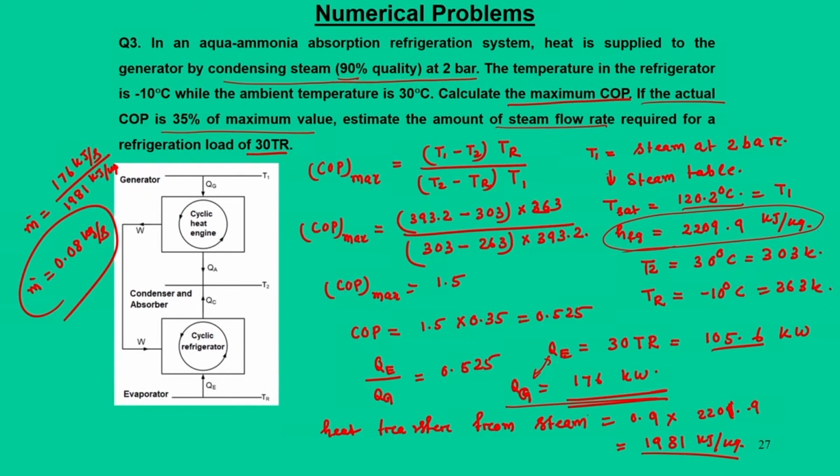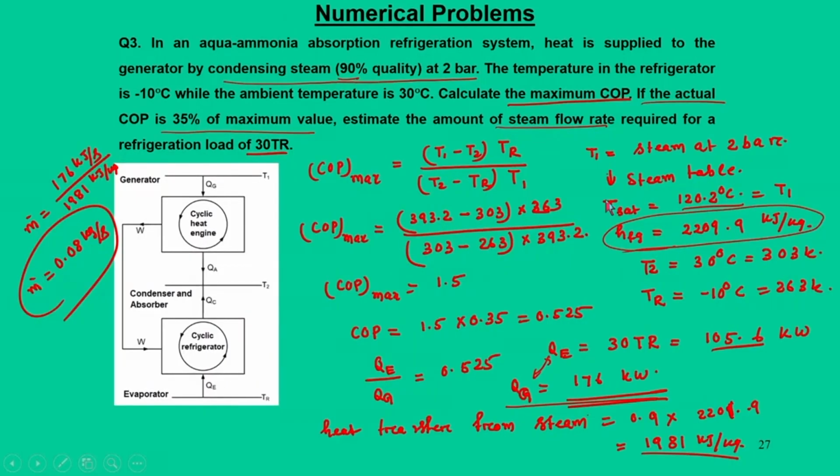And one more thing is that when you think about aqua ammonia absorption systems, we have to recall the steam table. Steam table data is very vital to get some temperatures, in particular for the generator, and that is what it is used for here: the steam table was used to calculate the saturation temperature of water at 2 bar.